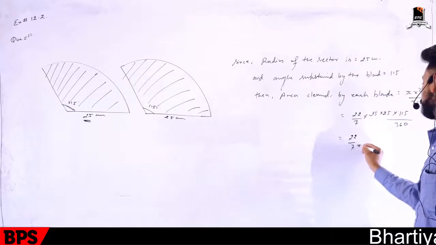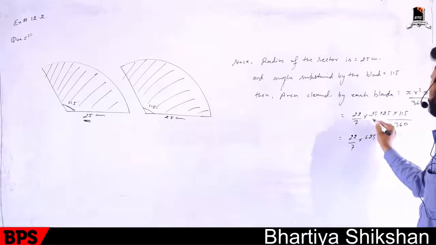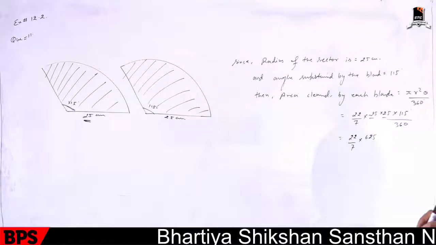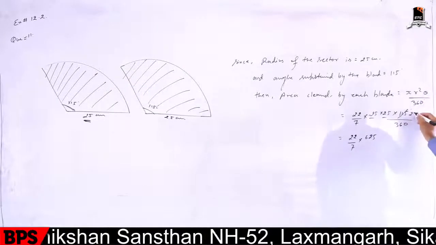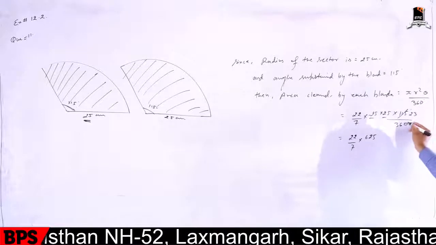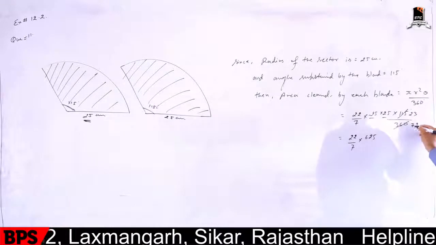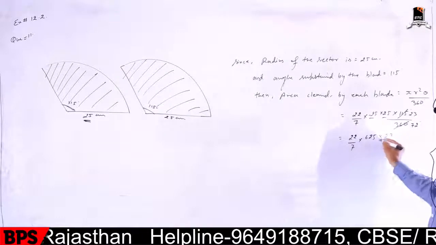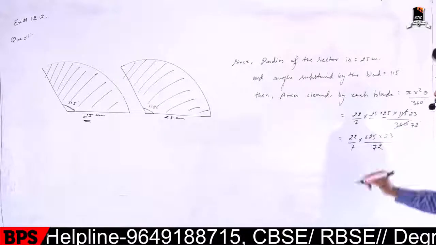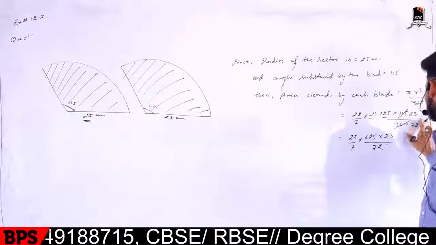22 upon 7 into 625, that is 25 into 25, 625. 5 twenty-third times and 5 seventy-second times. So then 23 upon 72. Done.